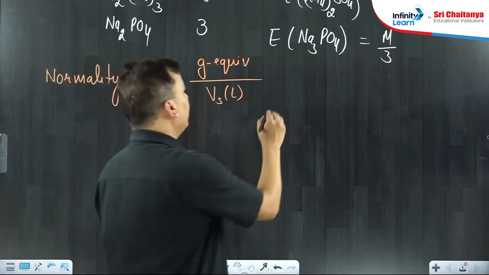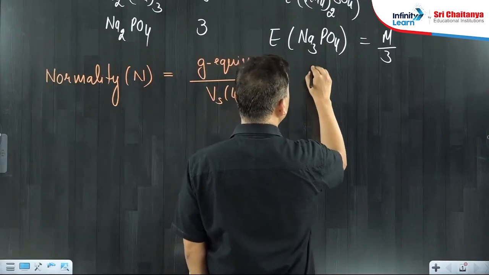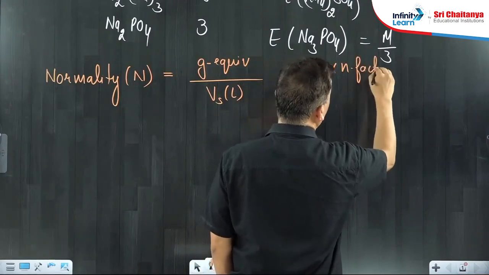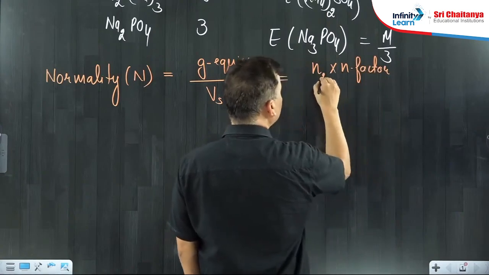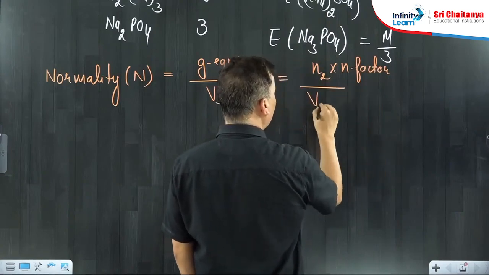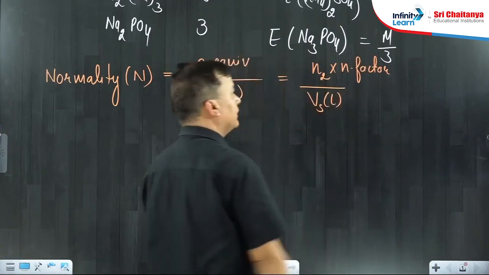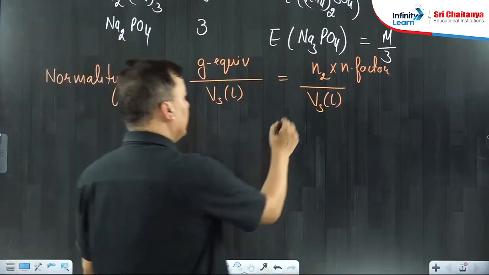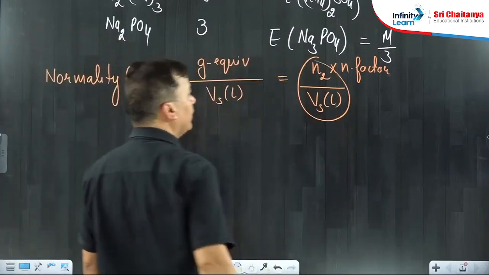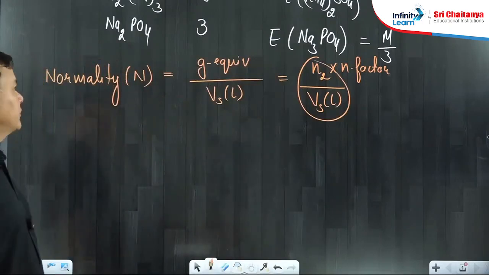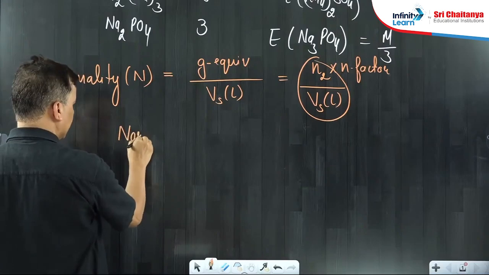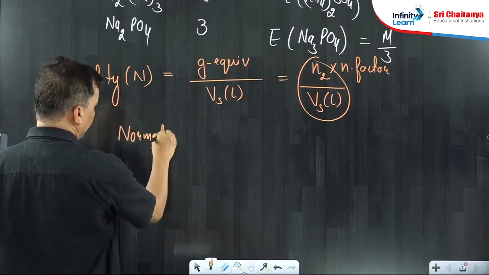Now gram equivalent is nothing but number of moles into n factor. So, number of moles of solute upon volume of solution in liters. Say yes or no. And do you know this number of moles of solute upon volume is what? That is molarity. So, dear student, here is normality.